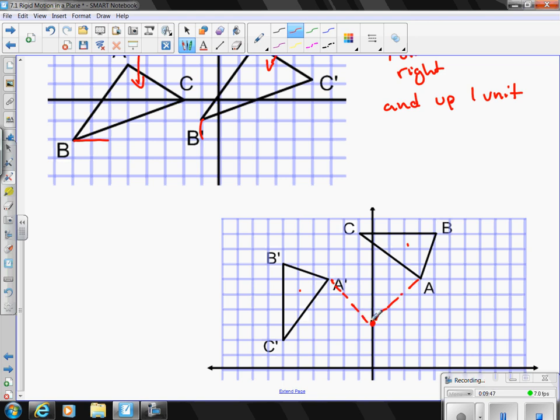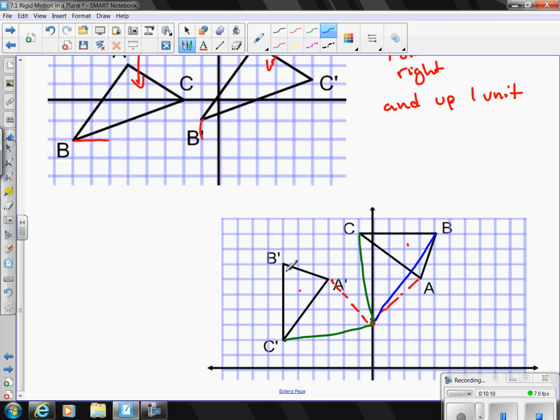So I got to pick a point where this length and this length are the same, this length and that length have to be the same. So I kind of found a point where all three of these lengths are going to be the same.